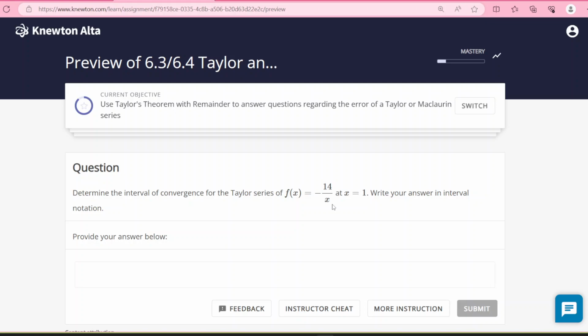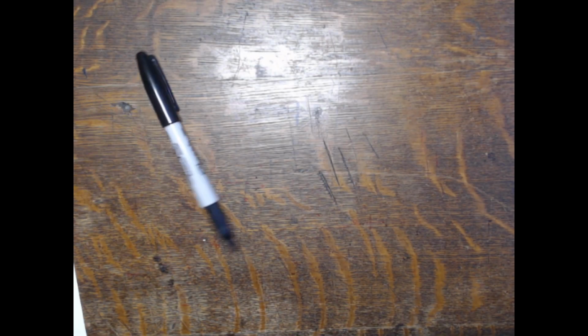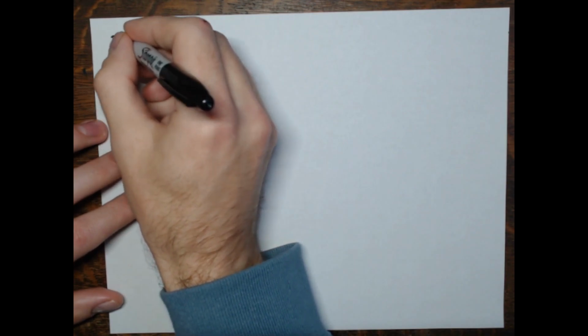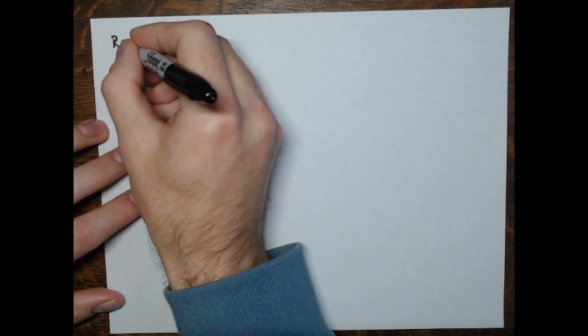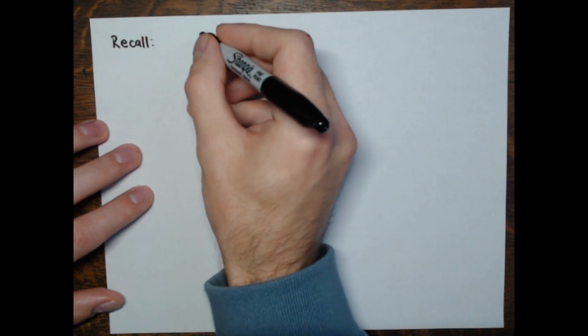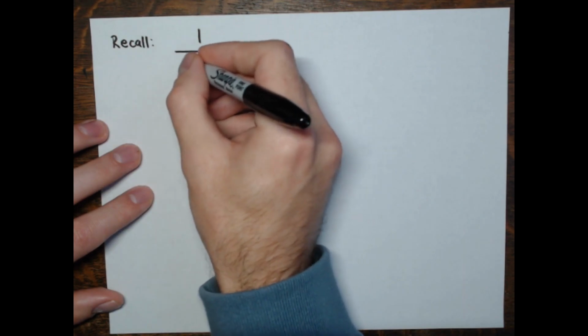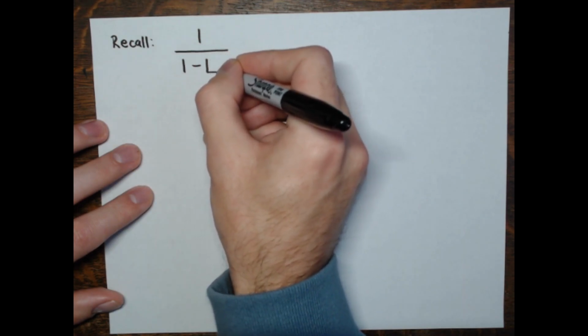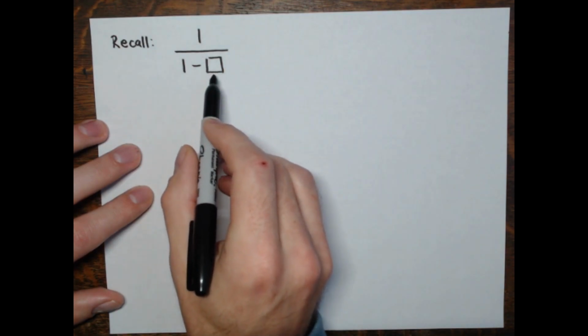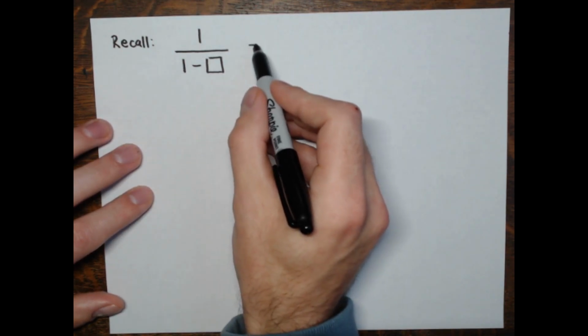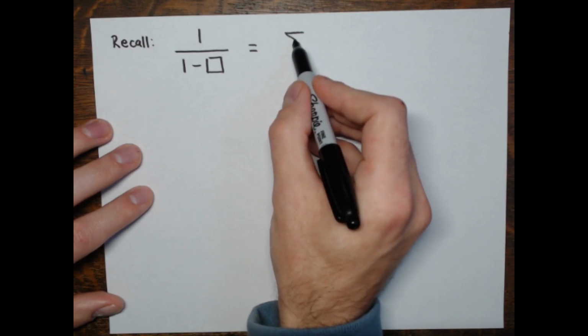I see how to rewrite this in a way where we can use a geometric series. I'll do that real quick for you, and then we'll go through the Taylor series thing. But still, you might recall, this has been brought up in the sections 6.1, 6.2 videos, that if I have 1 over 1 minus something, I'll put a little block there, this can be written as a power series, right?